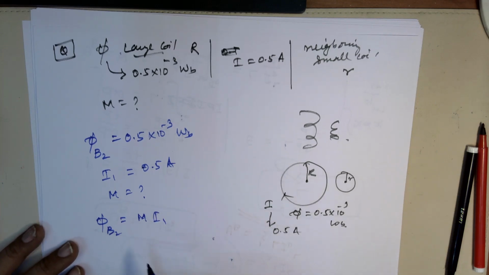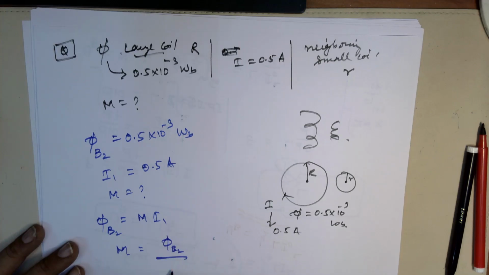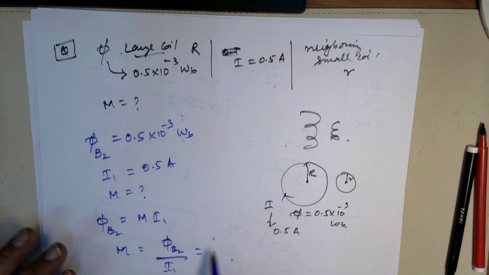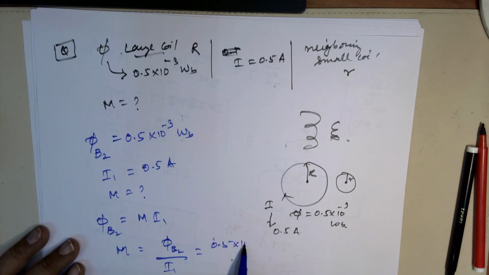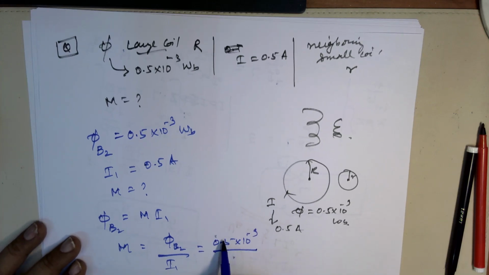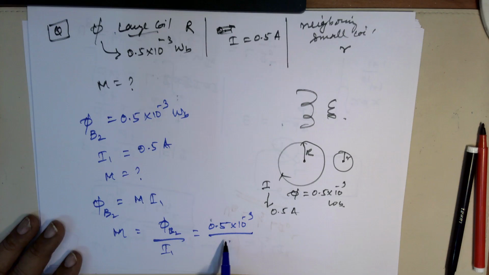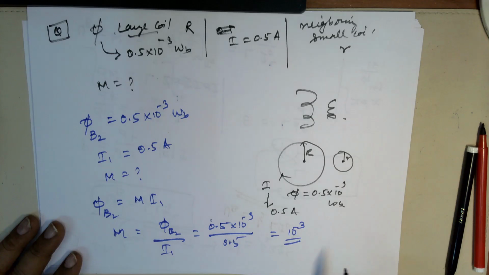And what is M? That is nothing but phi B2 divided by I1. So that is equal to 0.5 into 10 power minus 3 divided by I1, which is 0.5 ampere. So you can cancel, and it is 10 power minus 3.